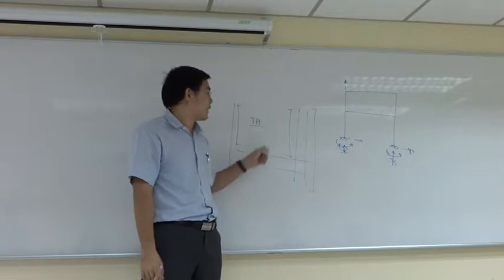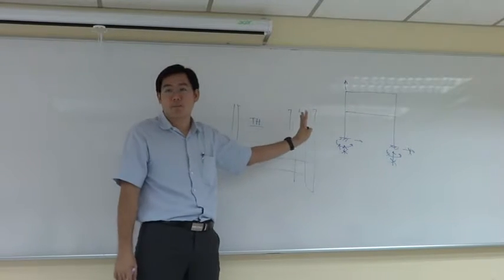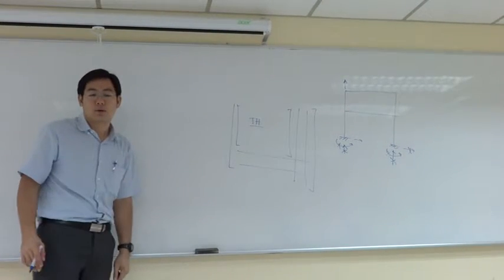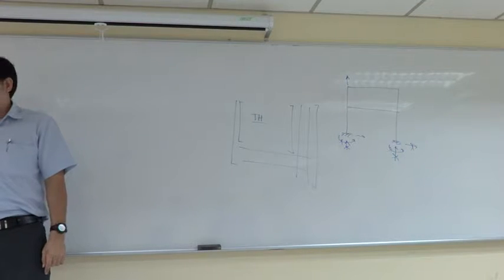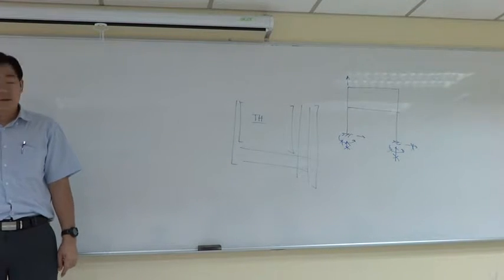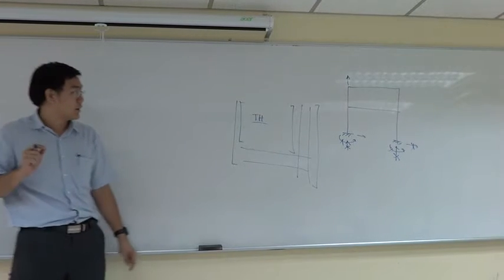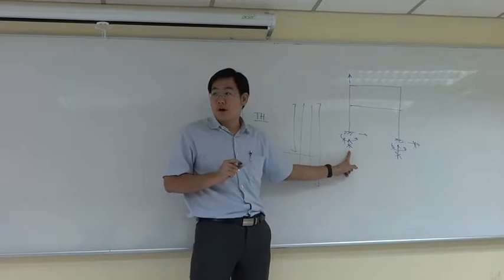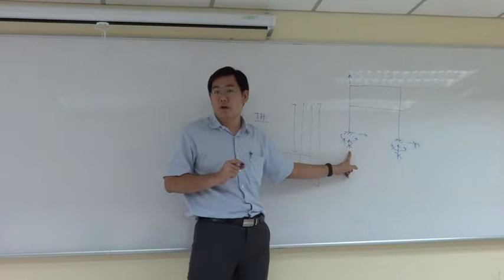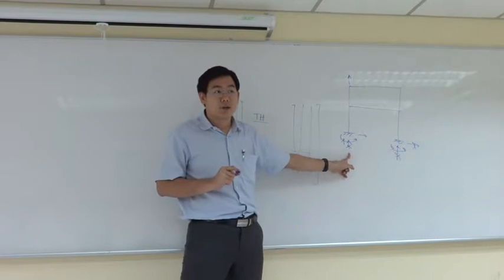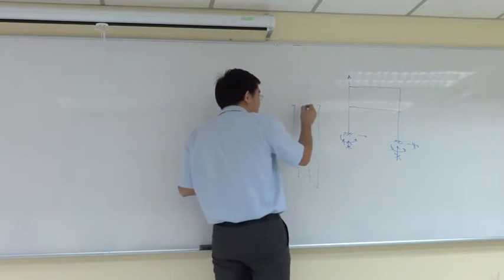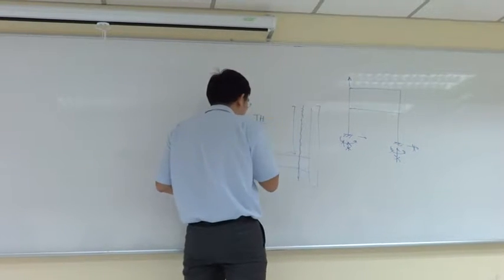It might be somewhere else, but I just push them over here. My concern now is that if you enforce this boundary condition, then I will eliminate 1 column and 1 row.